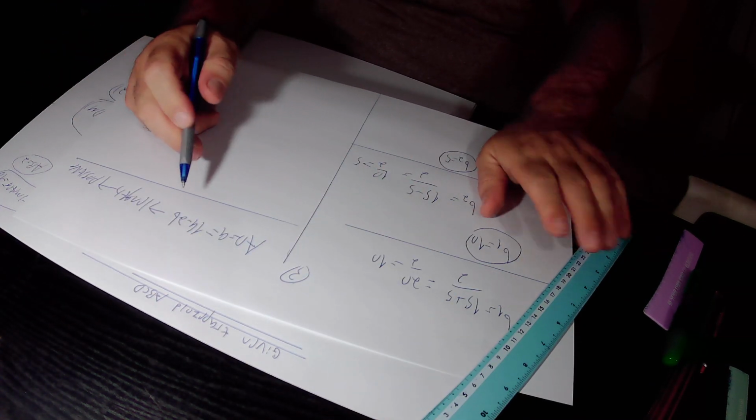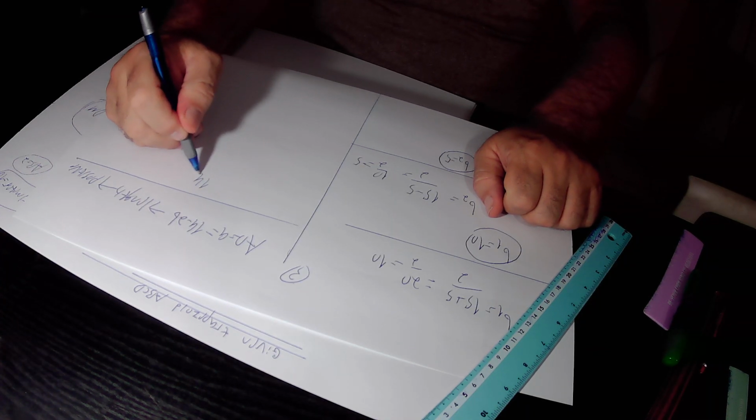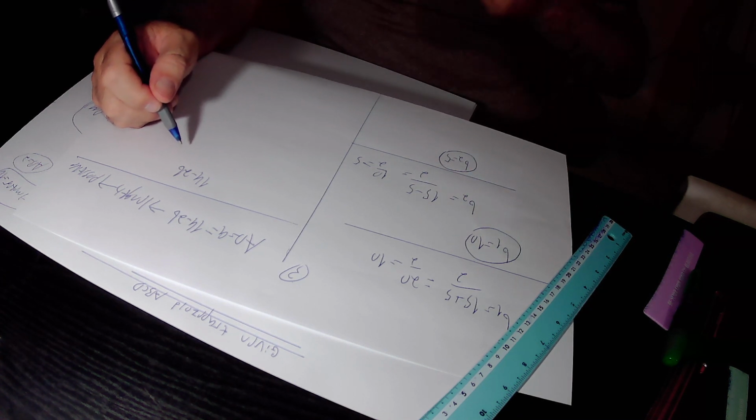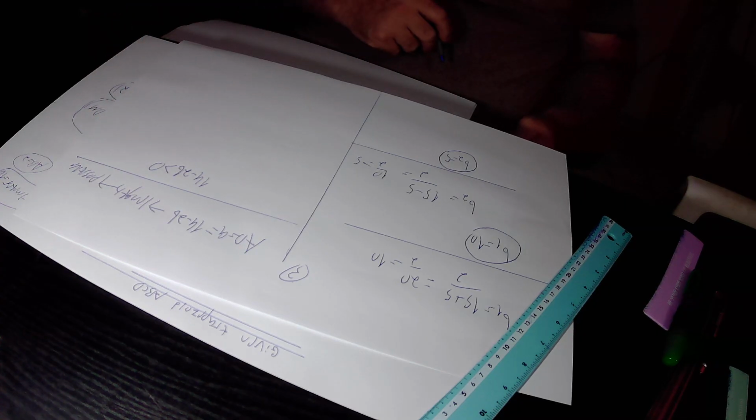That is to say, AD equals a, and a equals 14 minus 2b is a length, and therefore it must be a positive number. What is a positive number? It must be greater than 0. Okay?